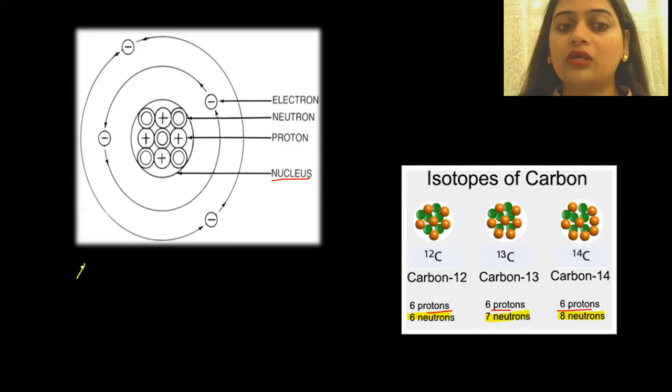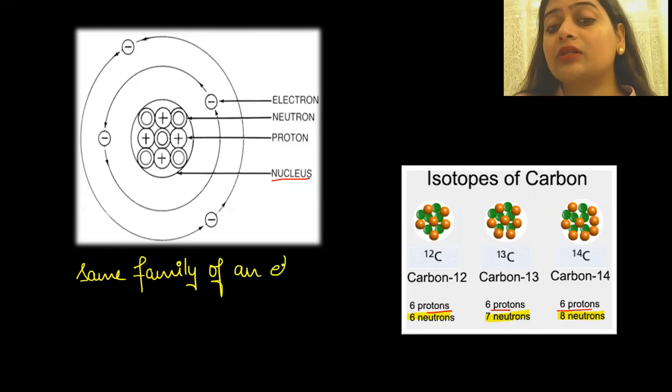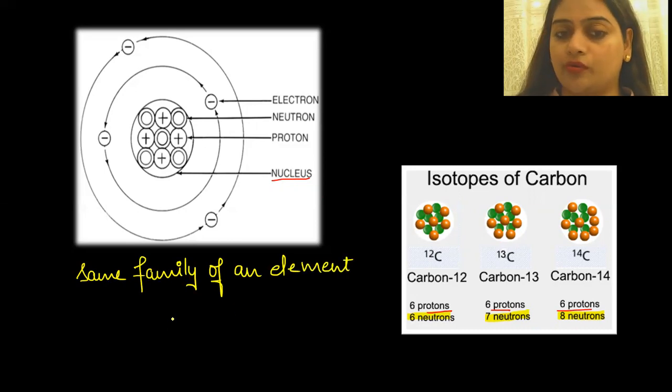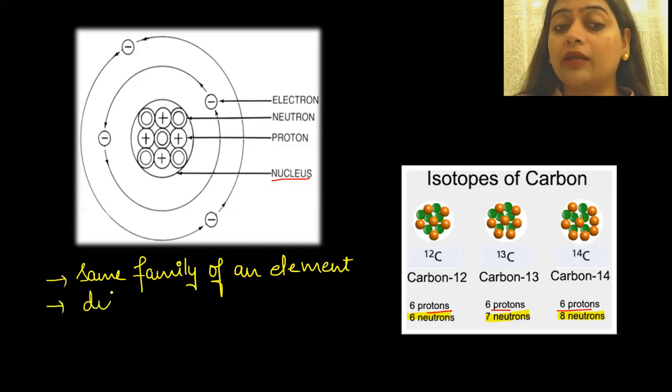But in this family, what is the difference? The difference lies in the number of neutrons. They belong to the same family of an element, but differ in number of neutrons.